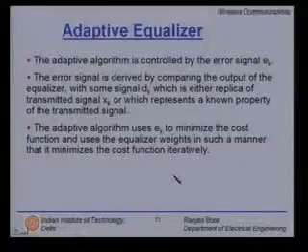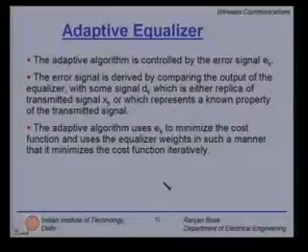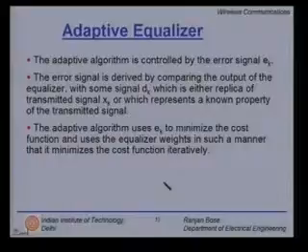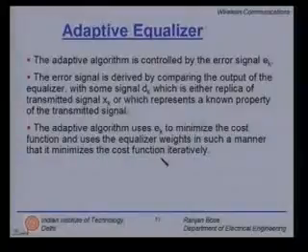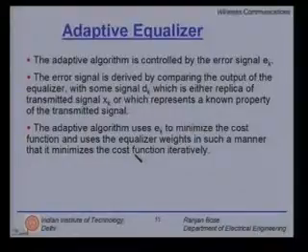The adaptive algorithm uses this Ek to minimize the cost function and uses the equalizer weights in such a manner that it minimizes the cost function iteratively. So, it is upon you to define a cost function, and today we will look at a couple of definitions of different kinds of cost functions.